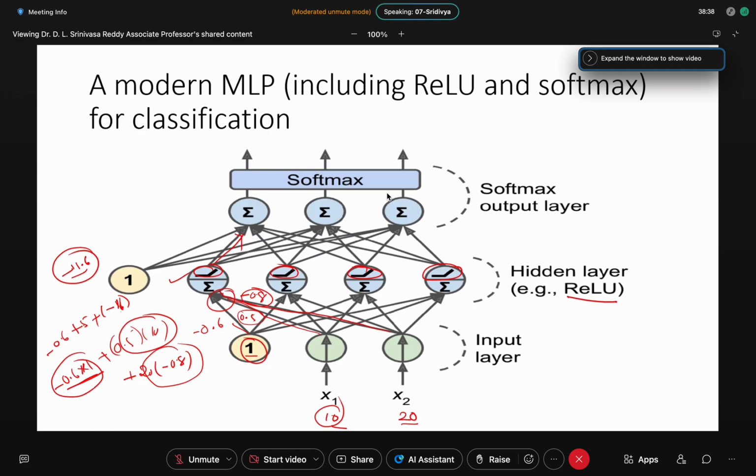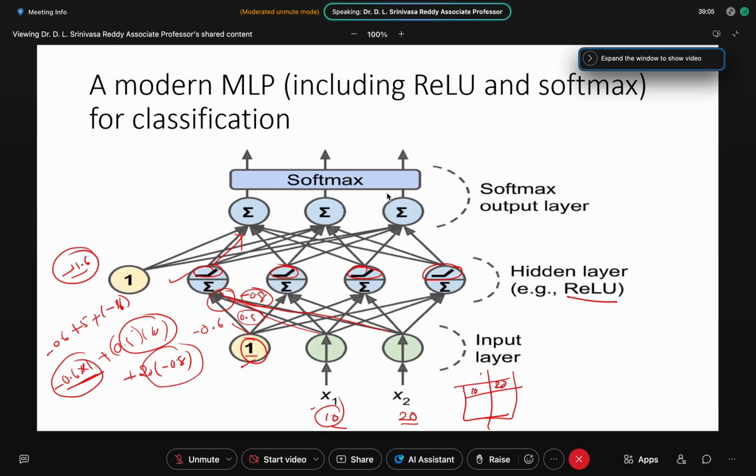x1, x2, and 1. Which one? Here I have given these input values. These are from the data set. There are two attributes, x1 and x2. The first value is 10, the second value is 20.